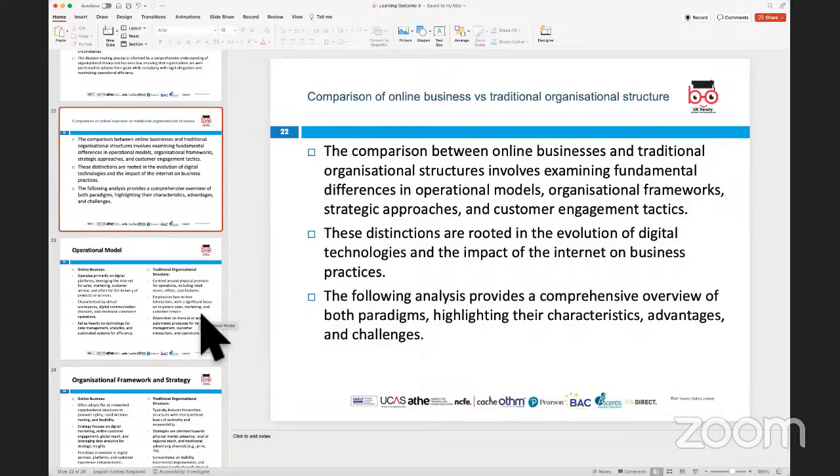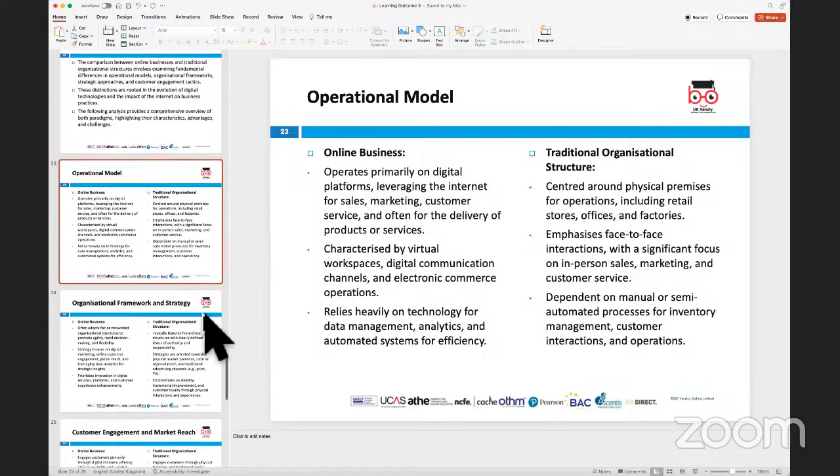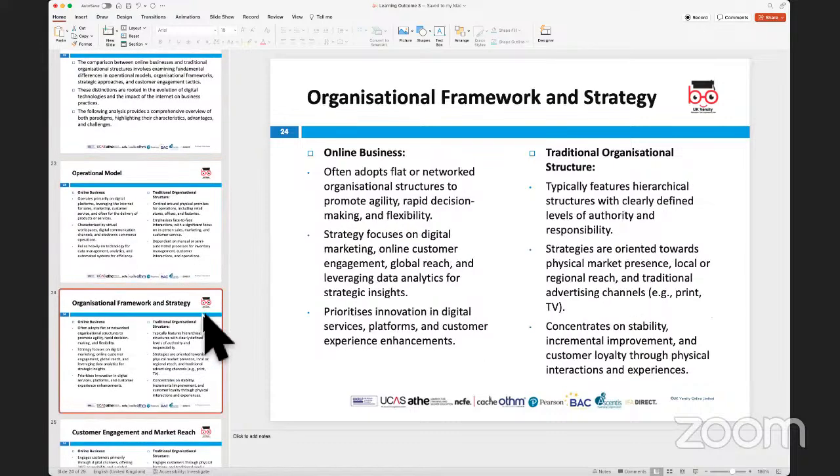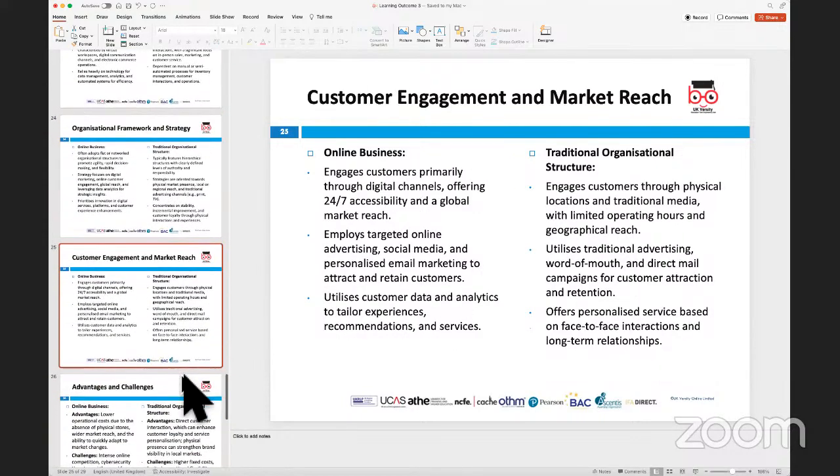Now, what are the differences when we come to the two types of business models and structures? I have looked at comparing the two across three different parameters. One is the operational model, second is the organizational framework and strategy, and the third is customer engagement and market reach.